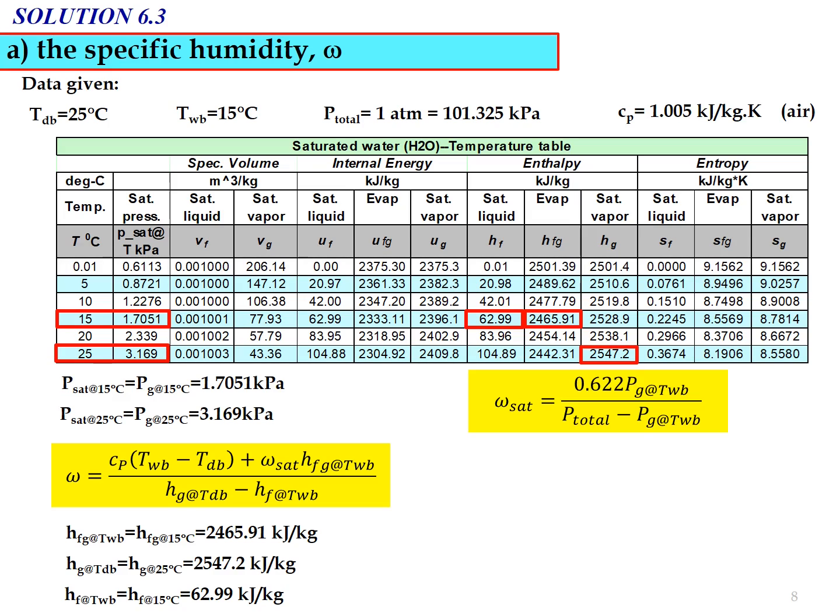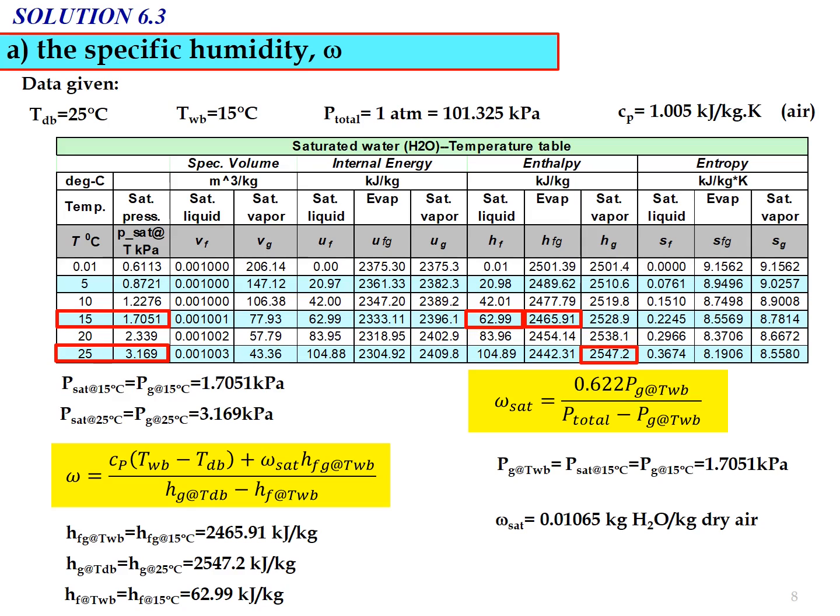Before we determine omega, we need to determine omega for the saturated air condition. Omega saturated equals 0.622 multiplied by Pg at wet bulb temperature divided by P total minus Pg at wet bulb temperature, where Pg at 15 degrees Celsius equals 1.7051 kilopascal.